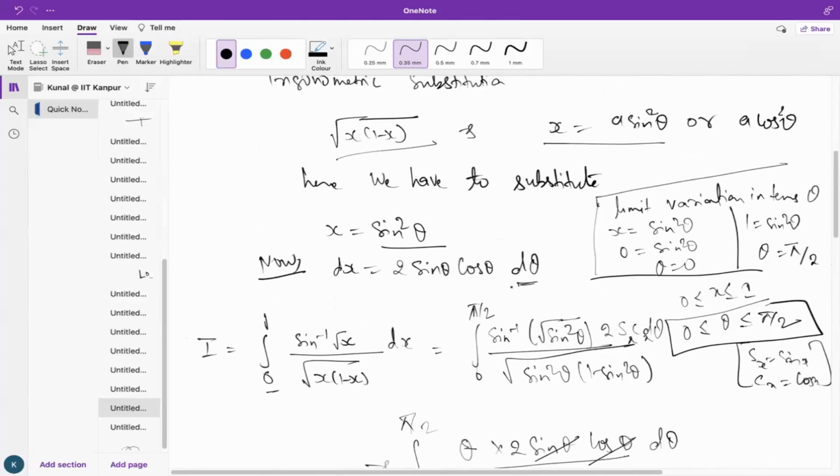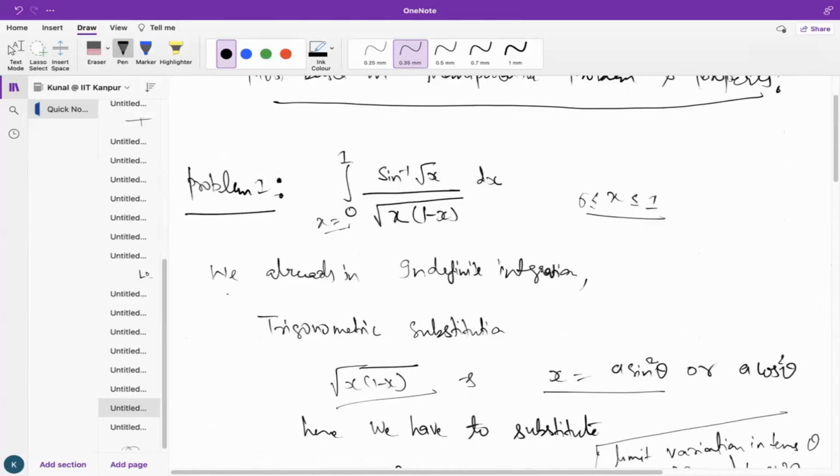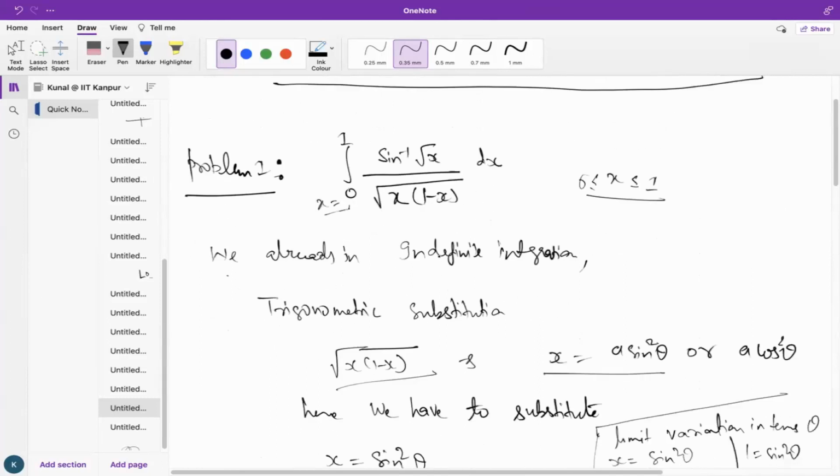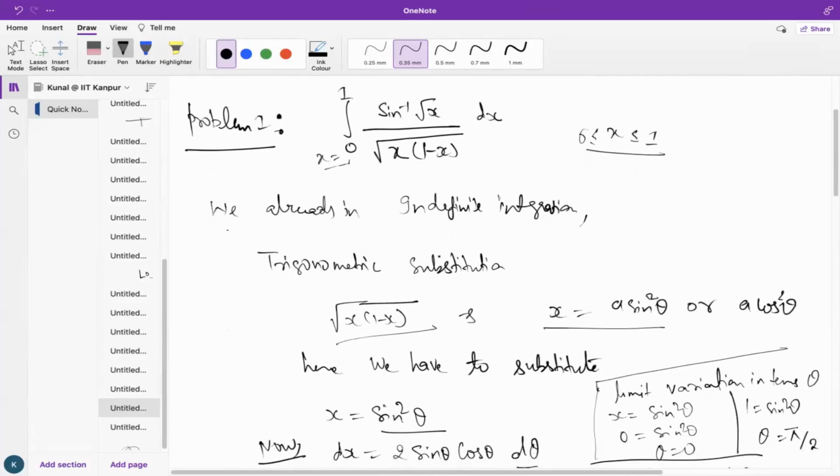If you look at this, we are doing a lot of things in problem 1. This is not a simple integrand at all. We are just integrating it from 0 to 1, but we are applying the indefinite integration part, whatever we read in the trigonometric substitution.